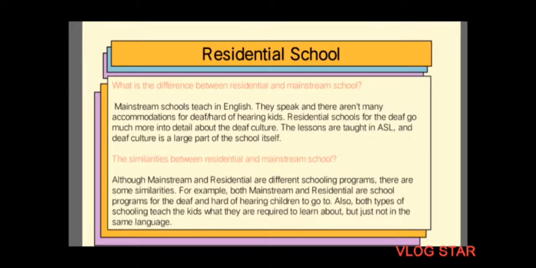So, what is the difference between residential and mainstream school? Mainstream schools teach in English. They speak it, and there are not many accommodations for deaf or hard of hearing kids. Residential schools for the deaf go into much more detail about deaf culture. The lessons are taught in ASL, and deaf culture is a large part of the school itself. So, in the mainstream, they are going to teach English and only speak it.